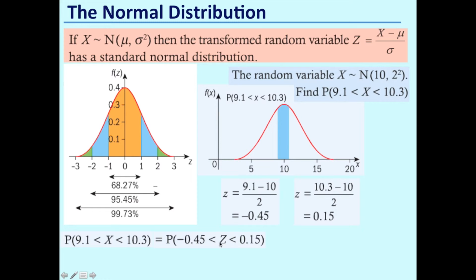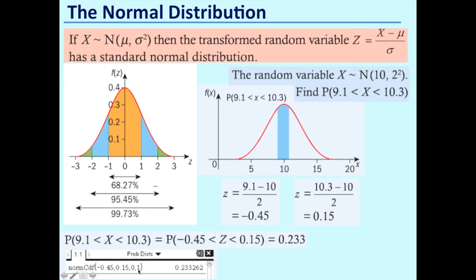And now it's really straightforward to use our calculator exactly as we did before. We're going to use the normal cumulative distribution between negative 0.45 and 0.05 with the mean of 0 and the standard deviation of 1 that we did previously. And that will give you an answer of 0.233.